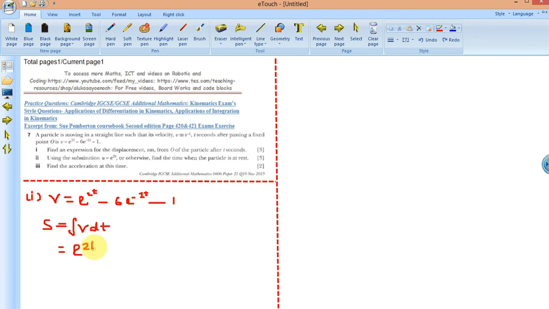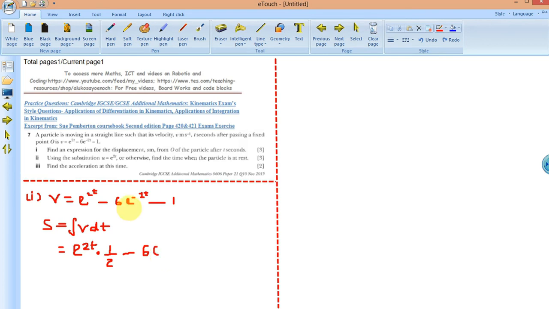So based on exponential, you have e to the 2t. Since this is integration, it will be times the inverse of the differentiation of the algebraic part. The algebraic part is 2t, so that's 1 over 2. Minus 6 is a constant, so just leave that there. Now integrate this also.